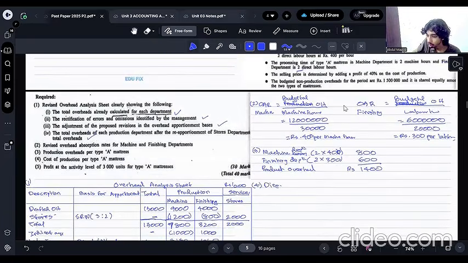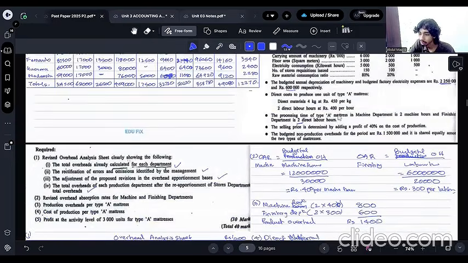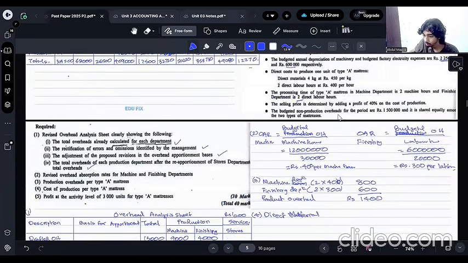Direct material first: 4 kilograms into 450, that's going to be 1,800. Then direct labor, 2 hours into 400, is 800.